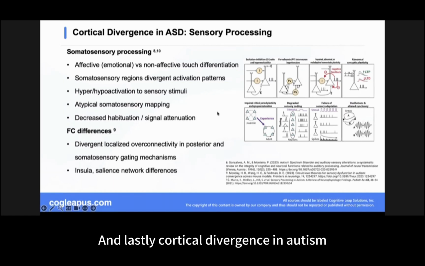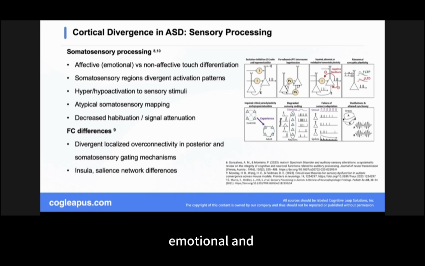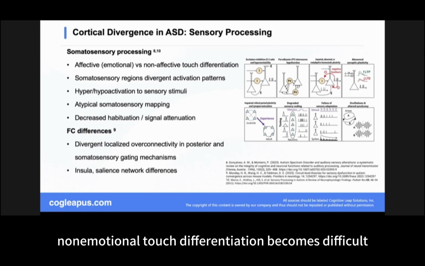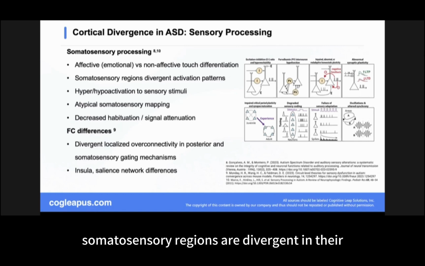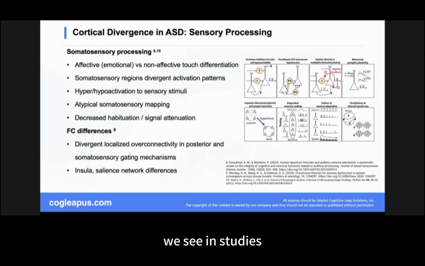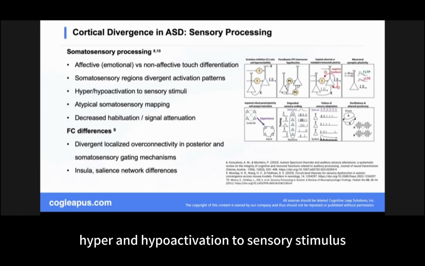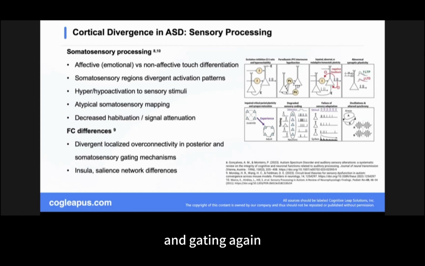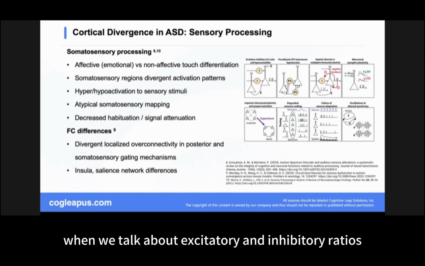And lastly, cortical divergence in autism points to sensory processing differences. So emotional and non-emotional touch differentiation becomes difficult. Somatosensory regions are divergent in their activation patterns, we see in studies. Hyper and hypoactivation to sensory stimuli, and gating, again, when we talk about excitatory and inhibitory ratios.